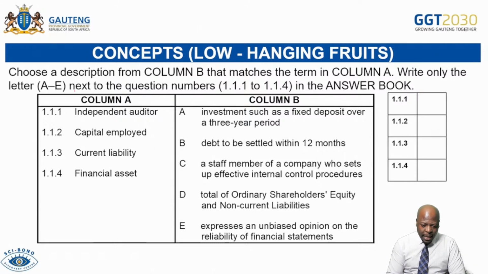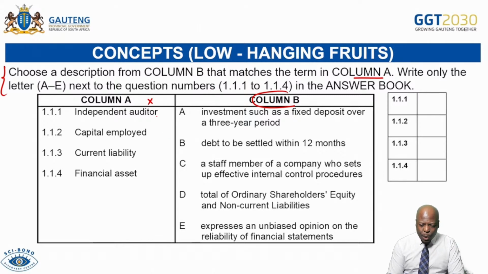The first one, one of the key things that you must do is to read the instructions. The instructions here say, choose a description from column B that matches the term in column A. Write only A to E next to the question numbers in the answer book.